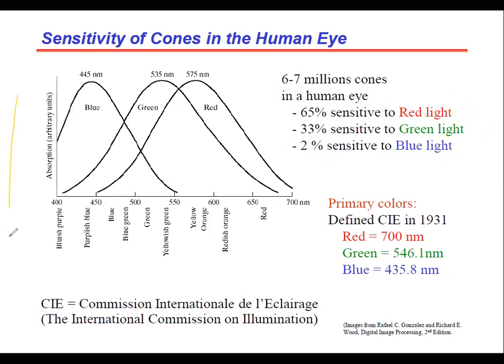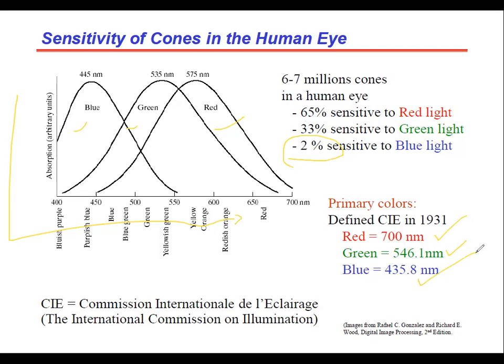Now this particular graph, by the way, has so many things. The blue, red, and green are there. This is of interest to me, and we will use it somewhere in the topics to come. And where do these colors lie? Red lies at 700 nm, green at 546 nm, and blue at 435 nm.